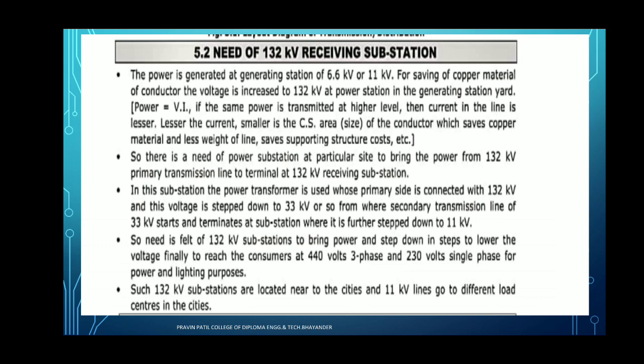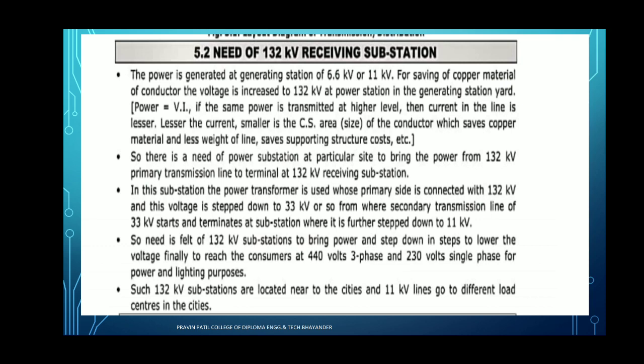Such 132 kV substations are located near the cities, and 11 kV lines go to the different load centers in those cities. So this is the need of the 132 kV substation, and the main purpose is that the step down takes place with the help of a step down transformer, as 132 kV steps down into 33 kV.